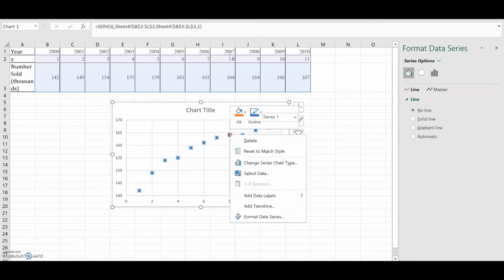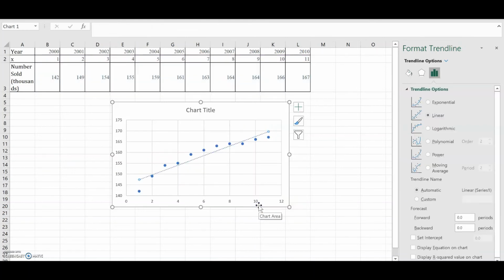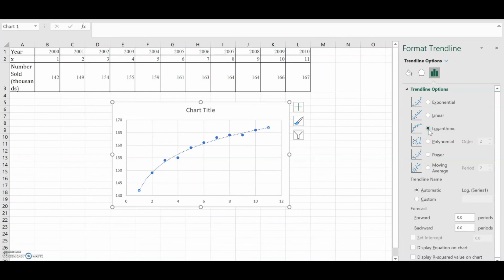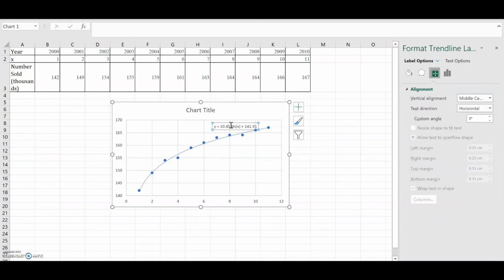We can now add a trend line, which is the same process as when we were creating linear regression, and change the type to logarithmic and display the equation on the graph. Now we can see our a value and b value and use this equation to make predictions.